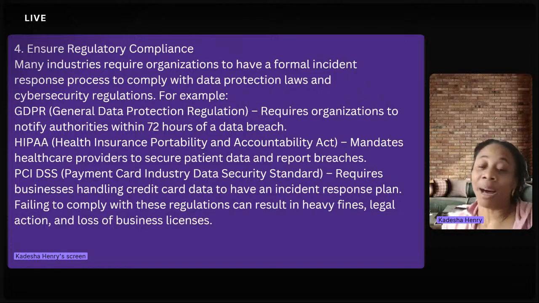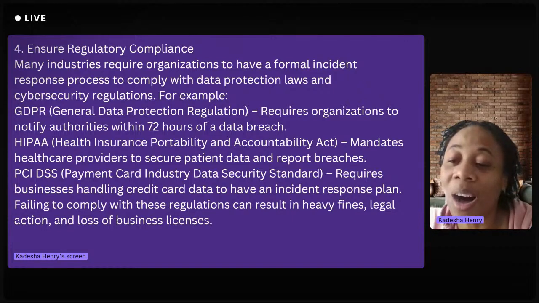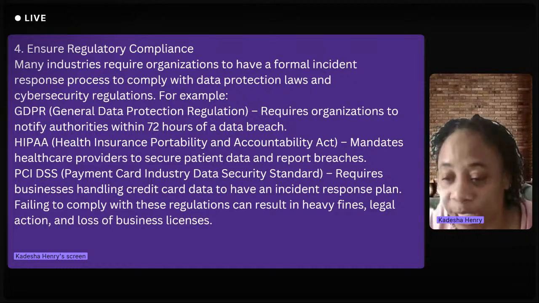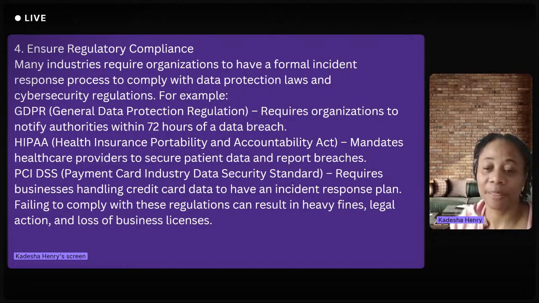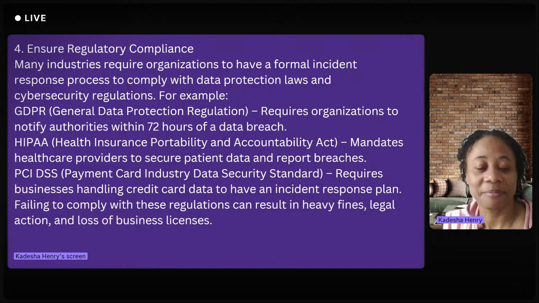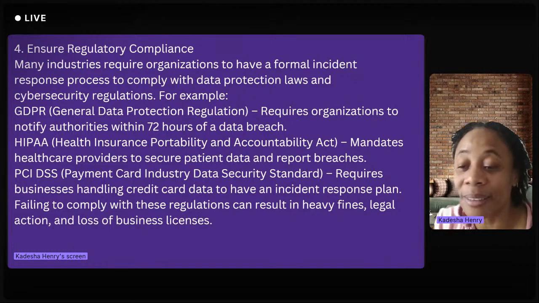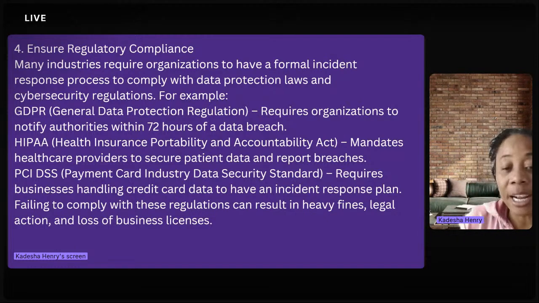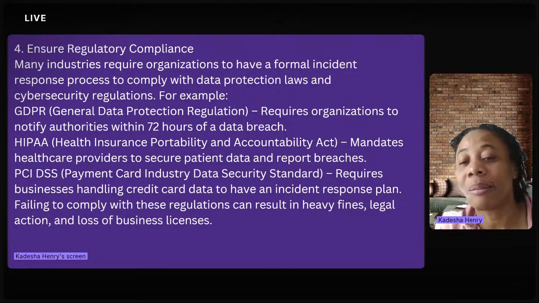Because malicious attackers are always trying to find something to breach. They need money. We have enemy countries. So we have to protect our data by all means.